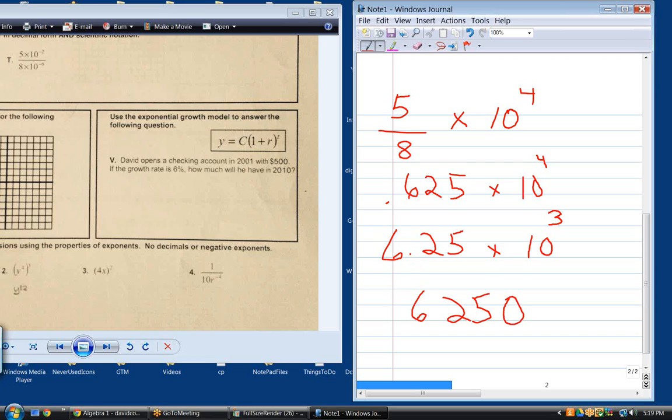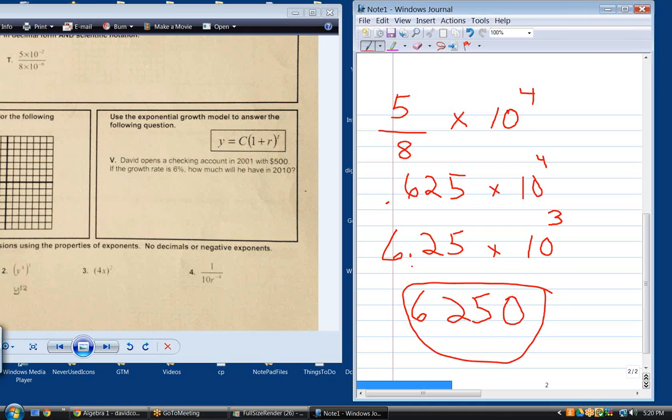Moved it to the right 3. Yes, perfect. In other words, this is the same as times 10 to the 0. So we dropped, and you always want to do it times 10 to the 0 when you're converting it to a decimal, because you don't need to write the 10 to the 0. That's the final answer. And that's how you do scientific notation.